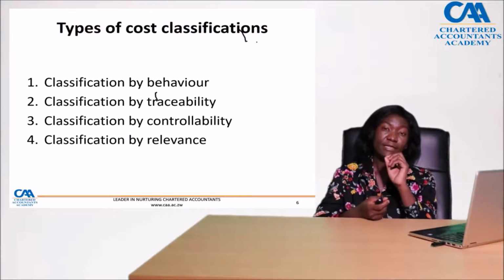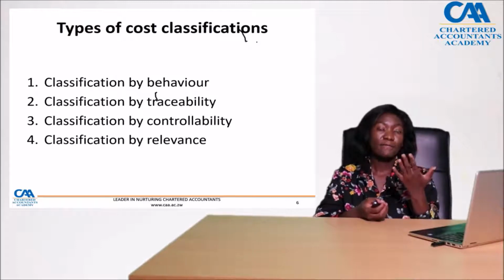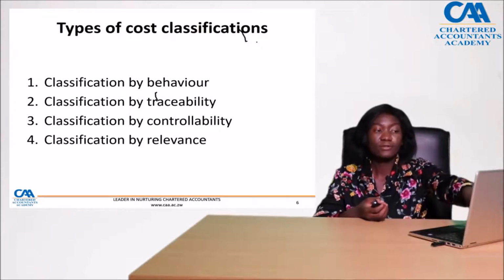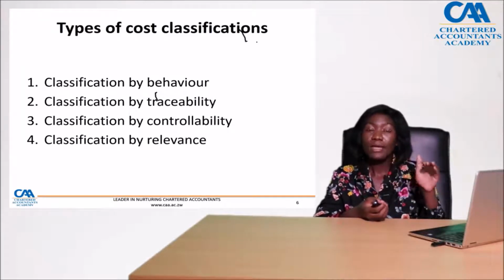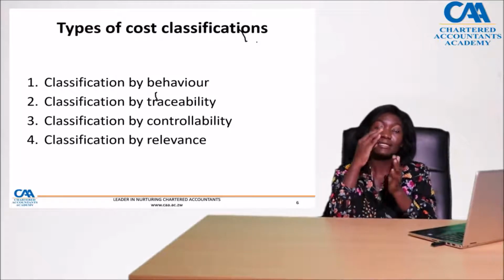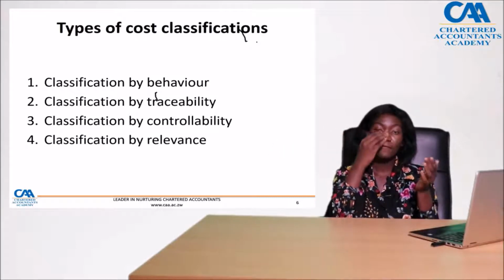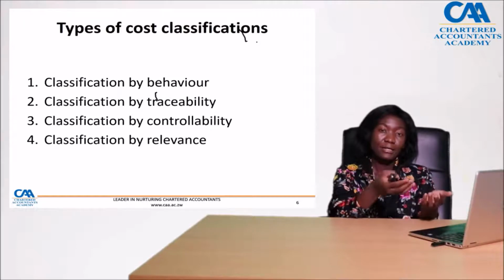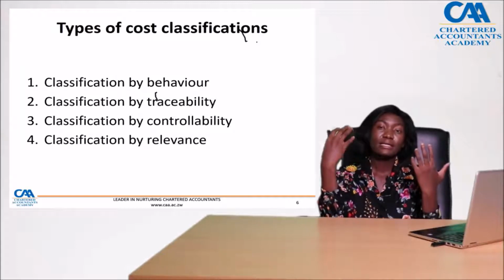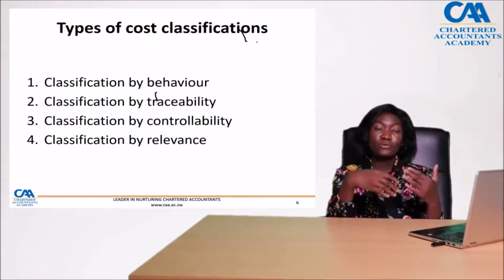In the same classification, we have what we call step fixed costs, otherwise referred to as semi-fixed costs. A step fixed cost remains constant at a certain level until it increases in a step-like fashion. Using the same rental example that I used for a fixed cost, if I now want to accommodate 300 students, the room for 100 is likely not going to be functional.